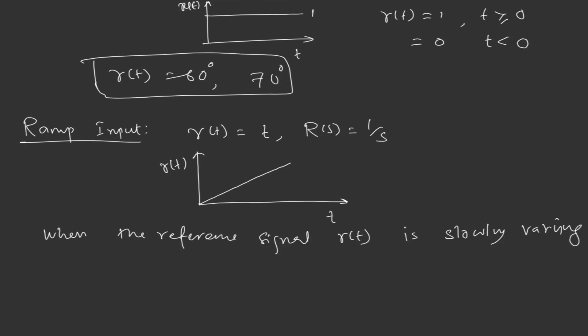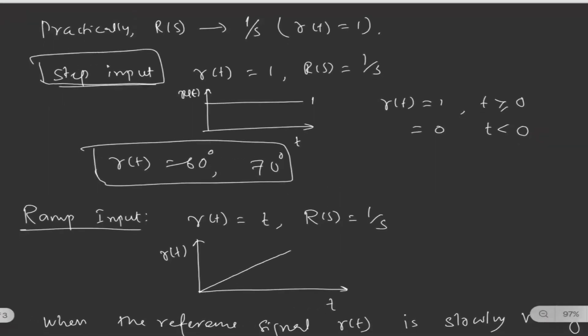Why we are talking about this type of signal will come very soon. Why the reason behind it? Because R of t equal to 1, we have already done. This is the step response for when we are using R of t equal to 1. When you are using R of t equal to t, this is basically the ramp response, how the system responds to this ramp input.